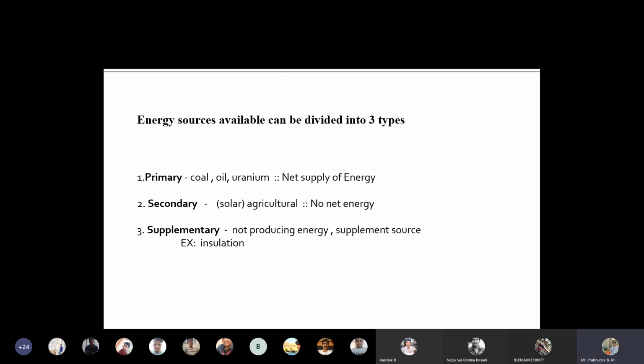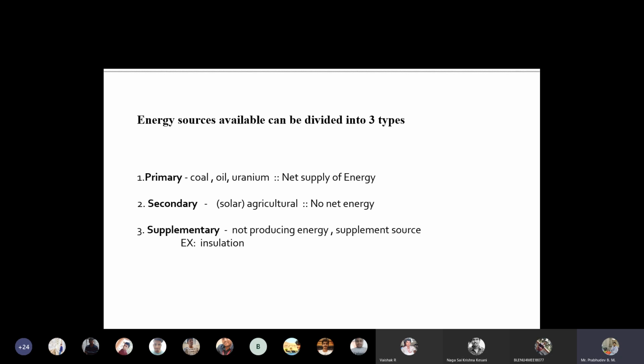Assume the example I have given, agricultural. You need to put a lot of effort to get some biomass out of agriculture. The output of that is very little compared to the effort you put into growing any farm crop.